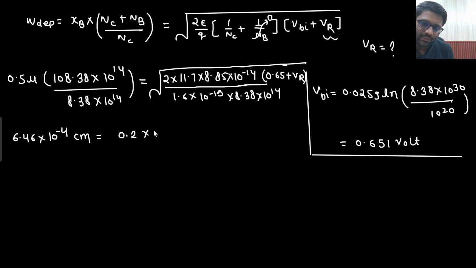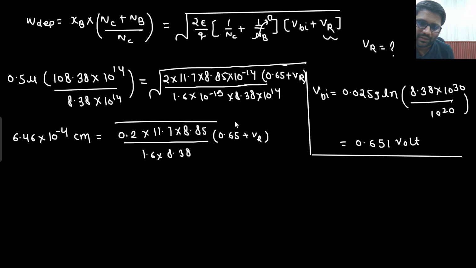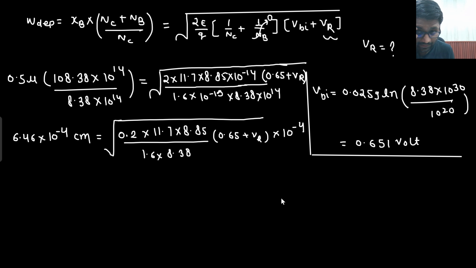So what I can do is that this would become 0.2, 11.7 into 8.85, 1.6, 8.38, 0.65 plus VR, and then you take the under root, and outside I am getting 10 to the power minus 4, and this will get cancelled out.